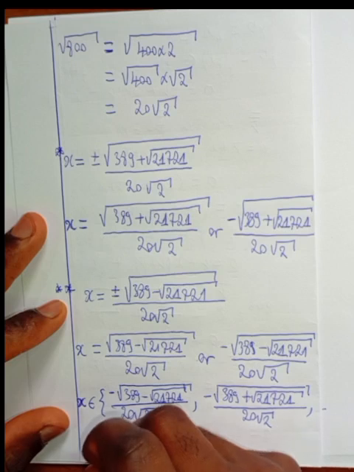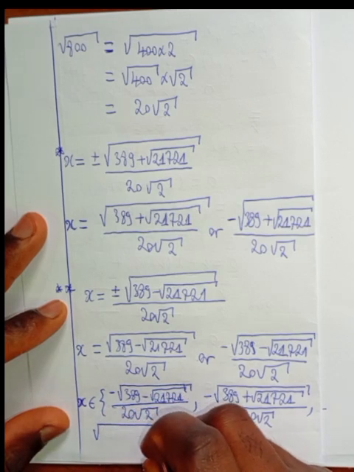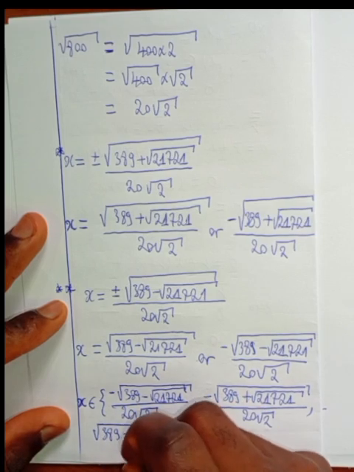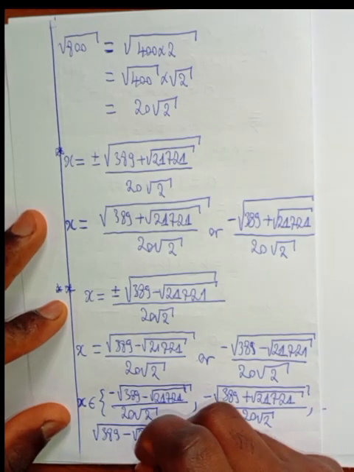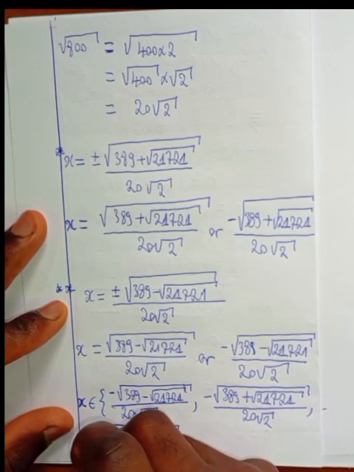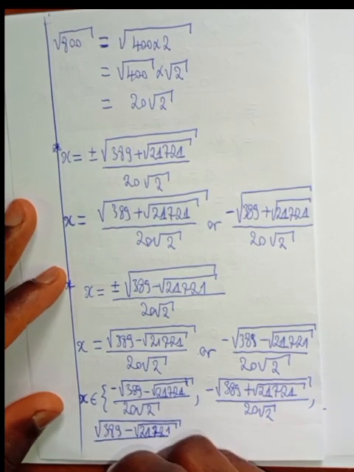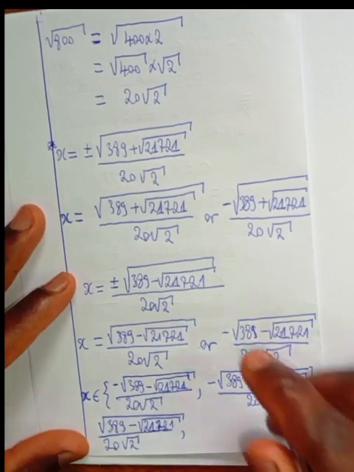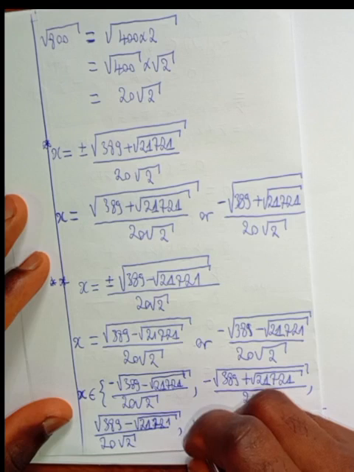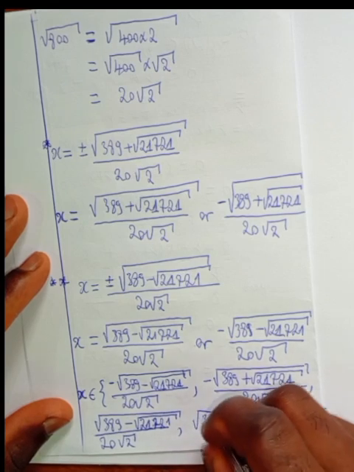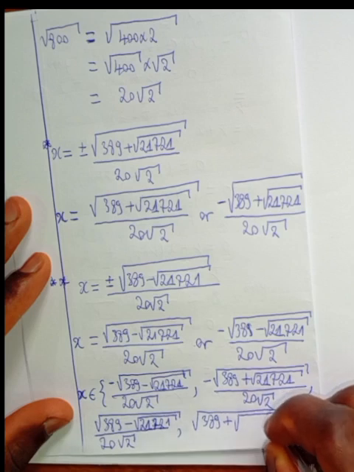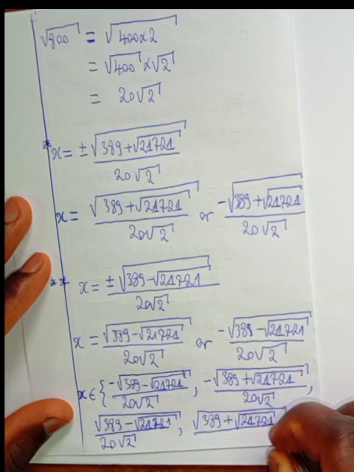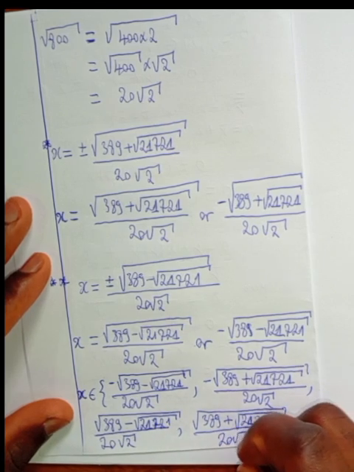This one is the next. Take the root of 389 minus root 21,721 all over 20 root 2, comma, and the last solution we have this root of 389 plus root 21,721 all over 20 root 2.